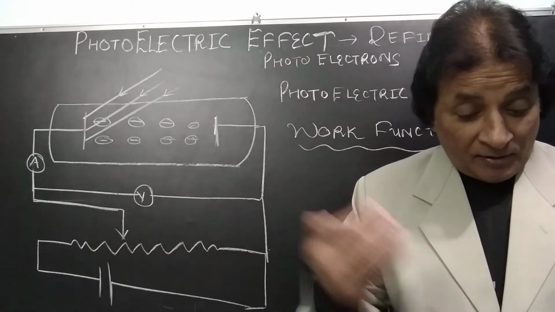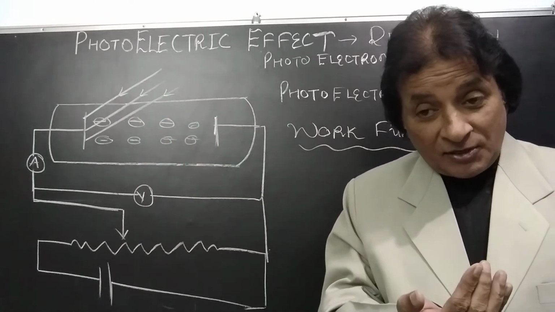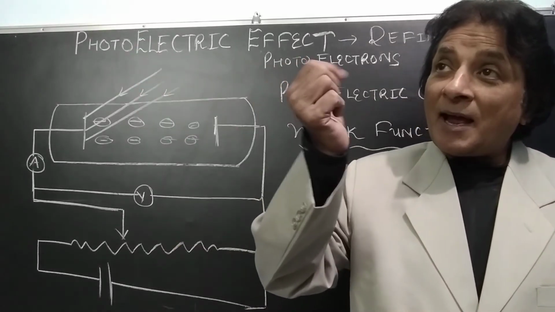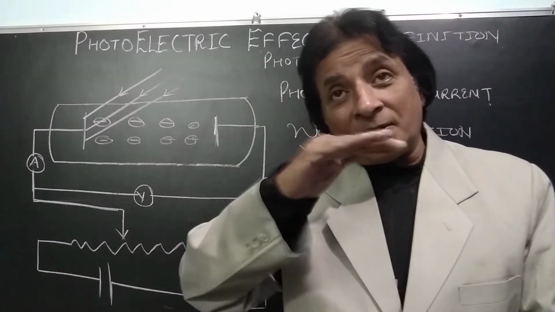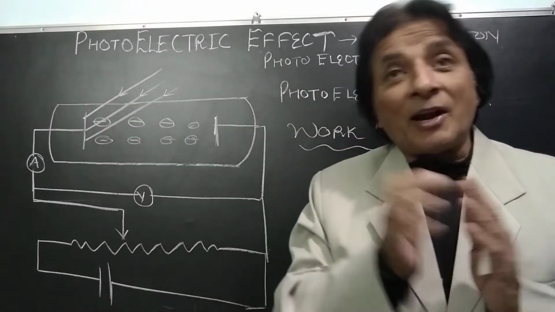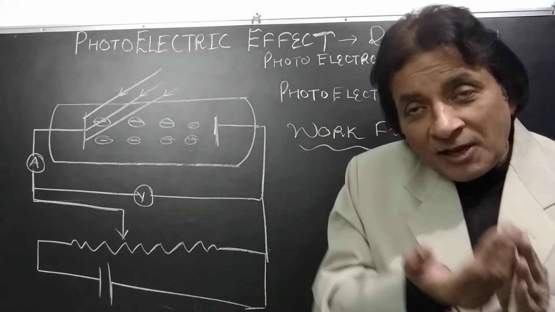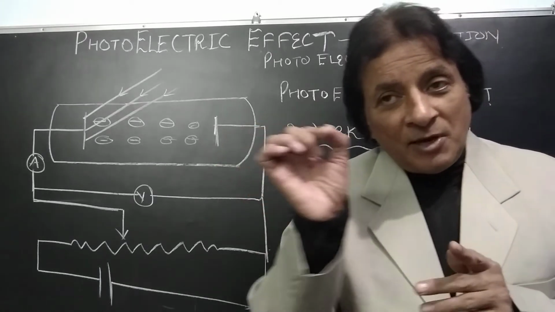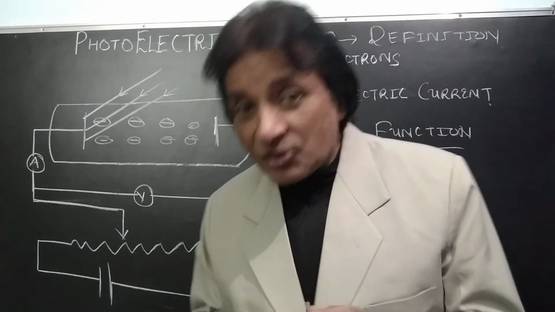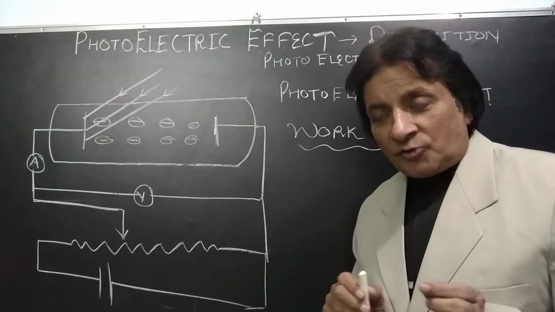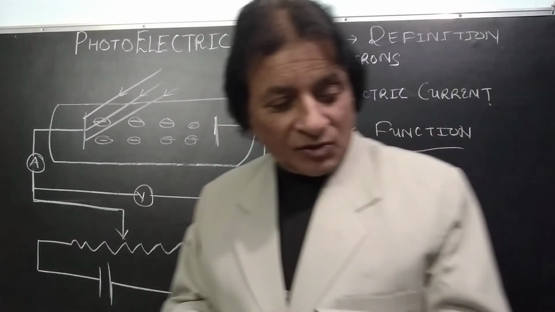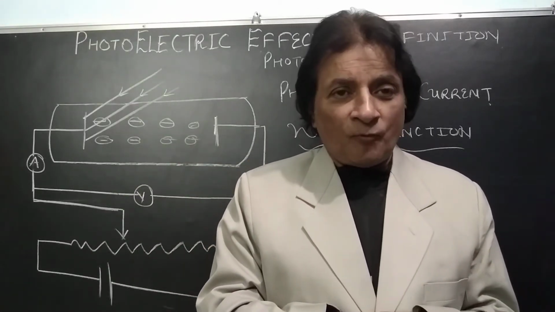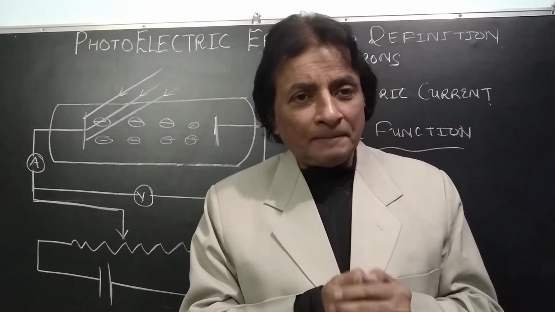When light of suitable wavelength is incident on the metal, the photons and the free electrons at the surface interact, then they are knocked out from the surface, and that minimum amount of energy which is just required to knock out the electron from the surface of the metal is called work function. Hope it is all clear.